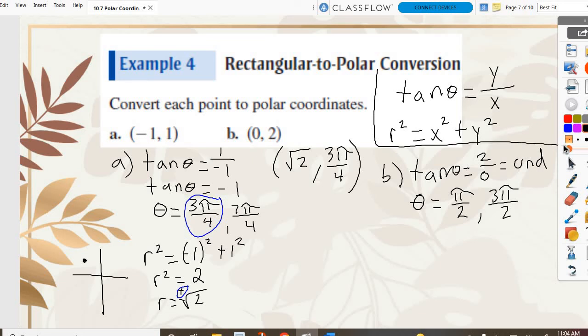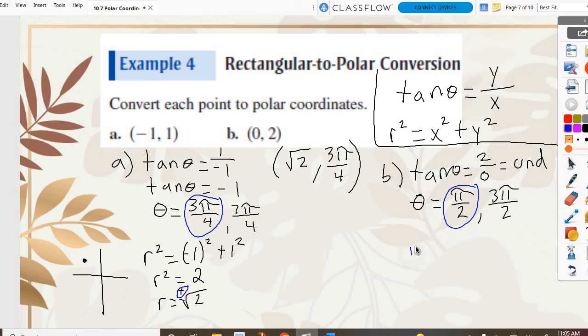So where is (0, 2) going to be? It's on the positive y-axis, in between the top two quadrants, agreed? So which one of these is going to correspond with that? Pi over 2.